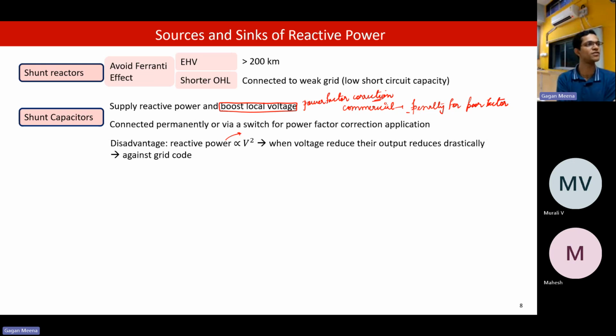However, the grid code requires low voltage ride-through capability, meaning the device should supply Q. So that is a disadvantage. If V is reducing, Q is also reducing, but we want Q to increase during fault conditions.